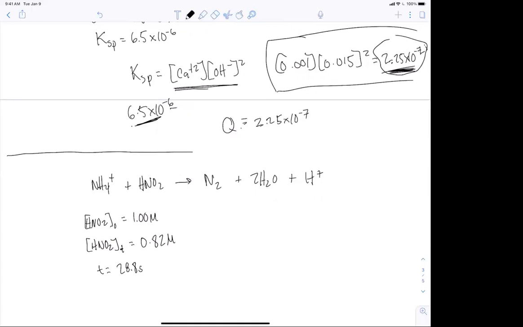Let's see. What is the average rate of the reaction, looking at change in time?